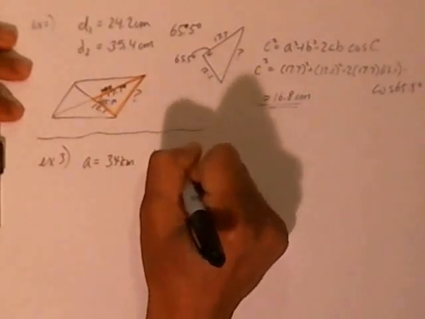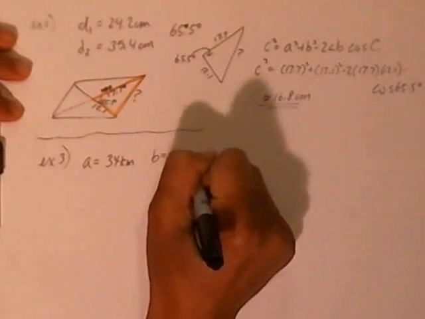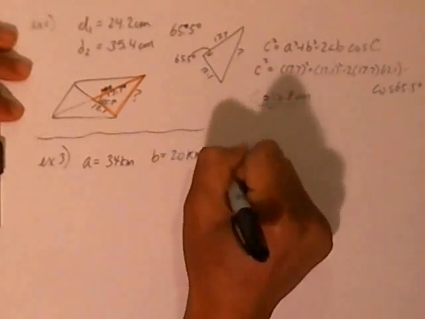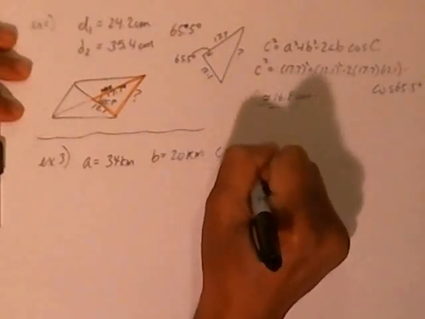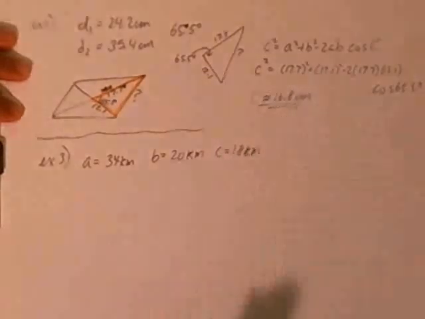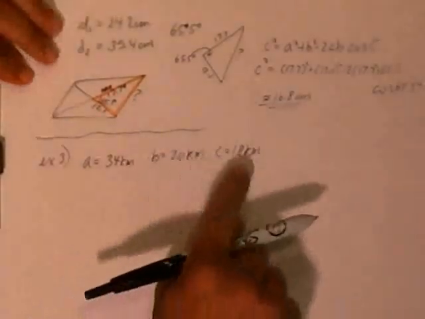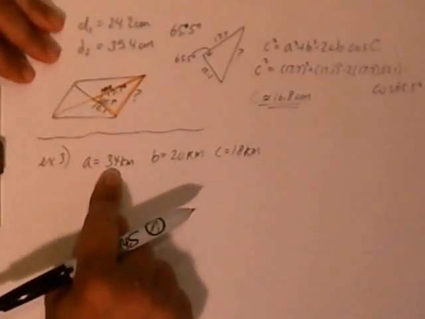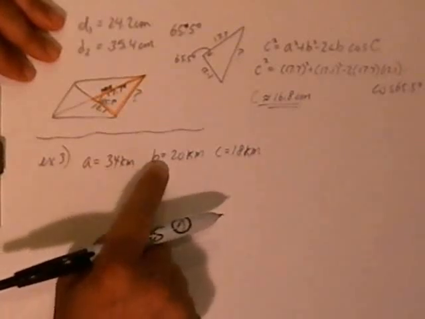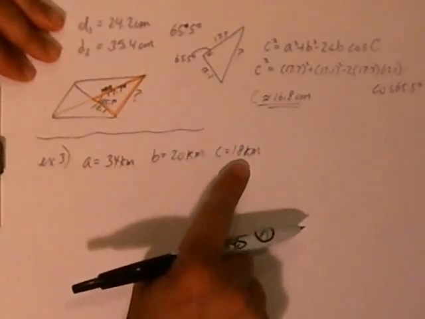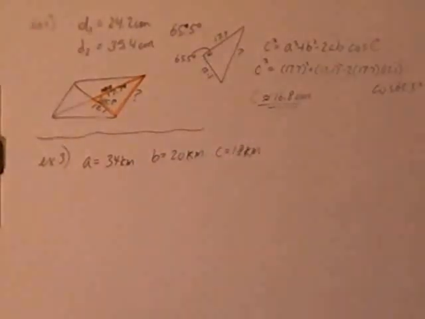B is equal to 20 kilometers. And little c is equal to 18 kilometers. I'm used to writing centimeters. I know Dr. McKee is very notorious for centimeters. Anyways, 34 kilometers, 20 kilometers, and then little c is 18 kilometers.